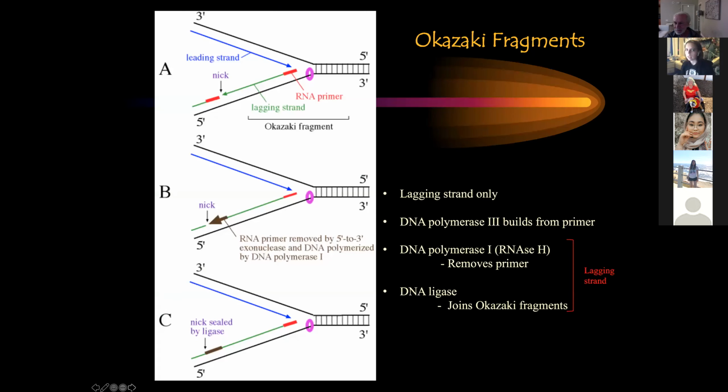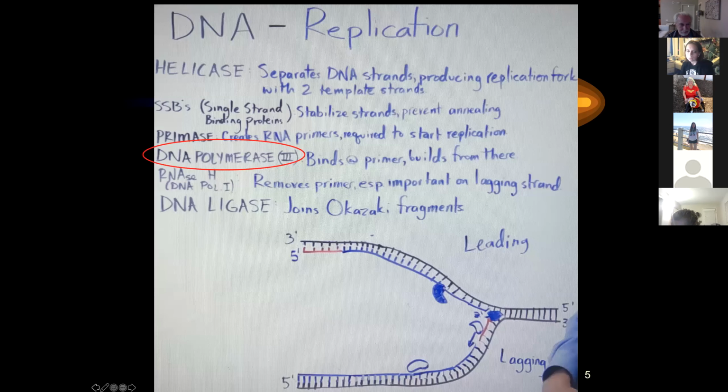Professor, I have a quick question on the SSBs. If the SSBs weren't there and the DNA did go back together, is that where we start getting mutations where it didn't read correctly?